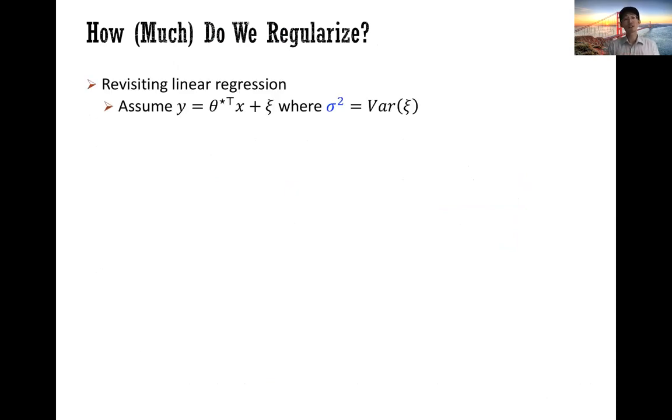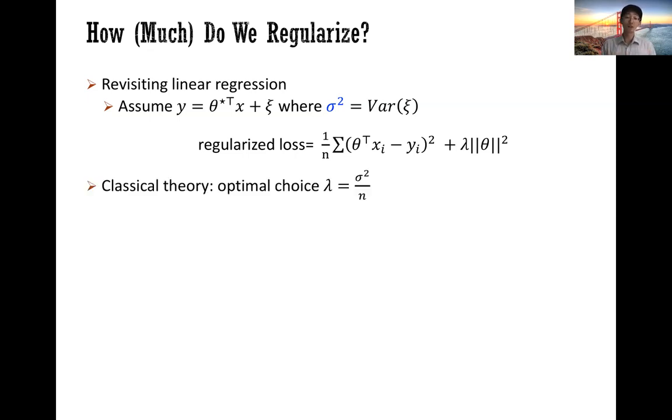So maybe let me just revisit linear regression to get some intuition about how we regularize a model. This is very classical linear regression: you just have y equals theta star transpose x plus some noise ξ. Let's say sigma squared is the variance of the noise. Then if you do the classical ridge regression, you're going to have L2 regularization on the loss function, which is lambda times the L2 norm of theta squared.